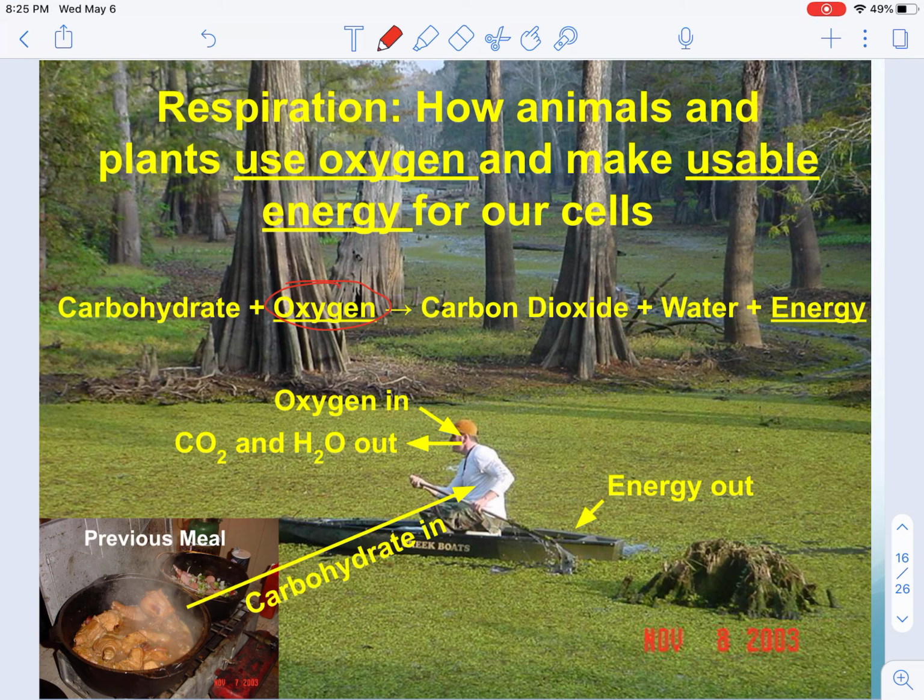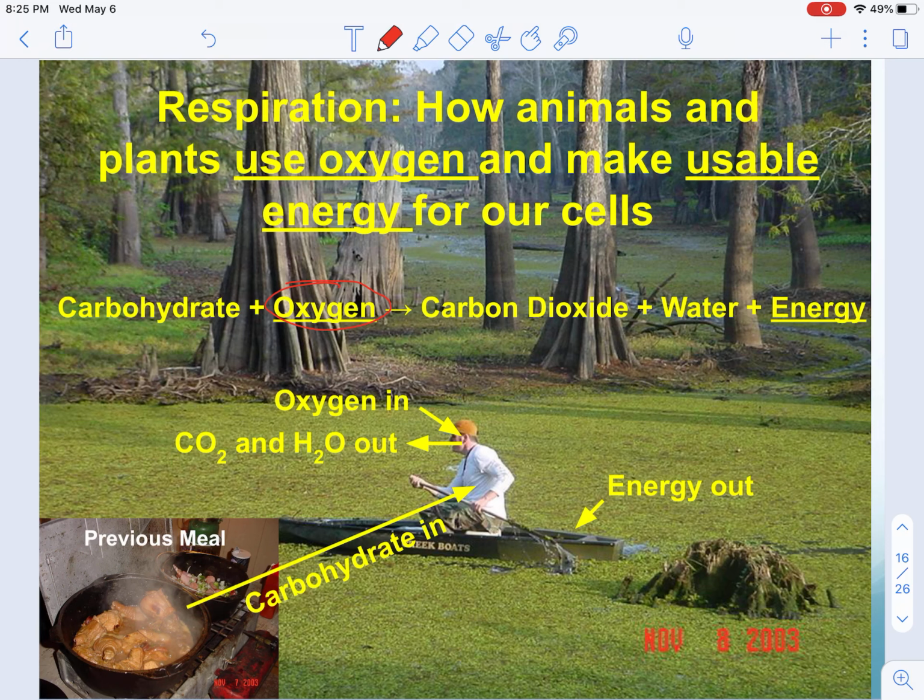Organisms do that on land, and there are also organisms that do that in aquatic ecosystems. It's the same process, just done slightly differently, but the products and the reactants of the chemical reaction are exactly the same. So if there's a high rate of respiration, there's going to be a higher demand for oxygen.